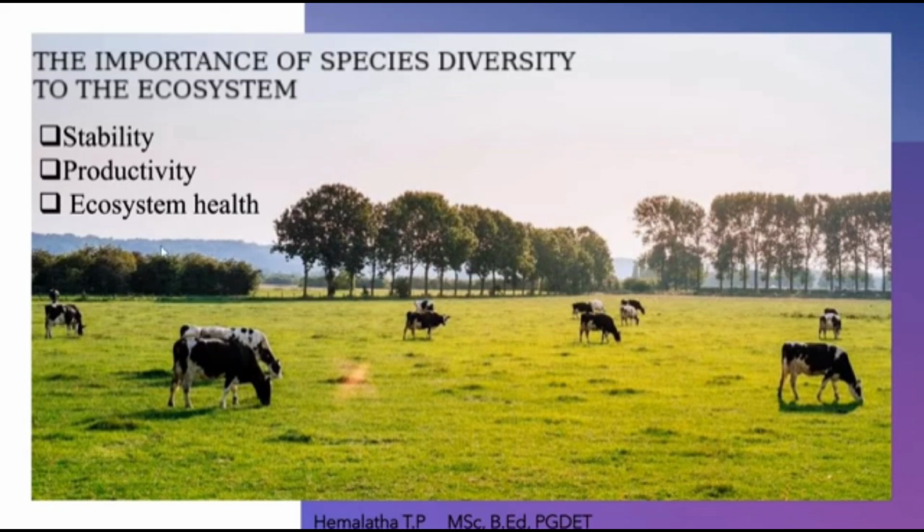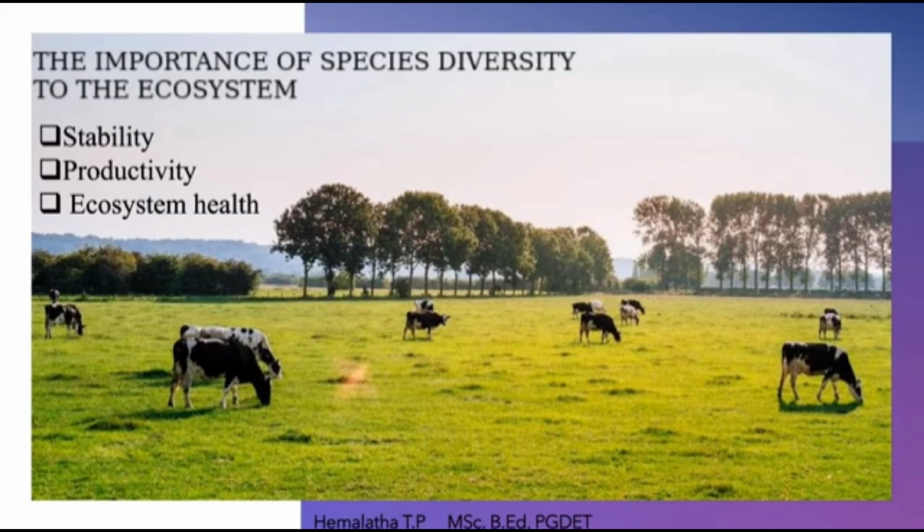Next is ecosystem health. The organisms which are living on this planet, be they abiotic components or biotic components, all are interlinked. They have to live together, and if there are varieties, then only the organisms can live in a healthy manner. All are interlinked. The food chain, you have already learned about the food chain and the food web, how the organisms are linked together.